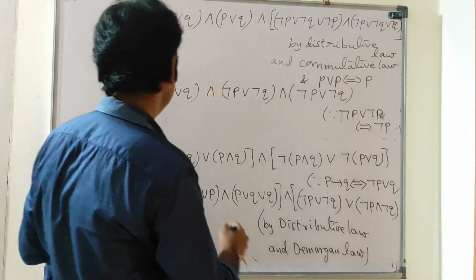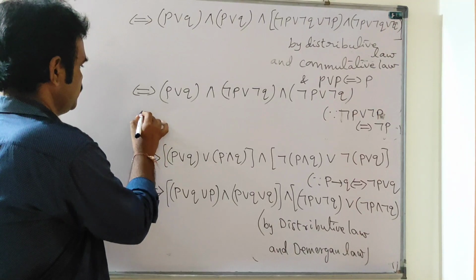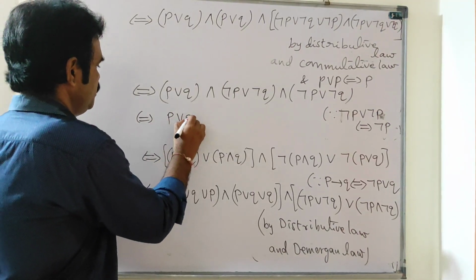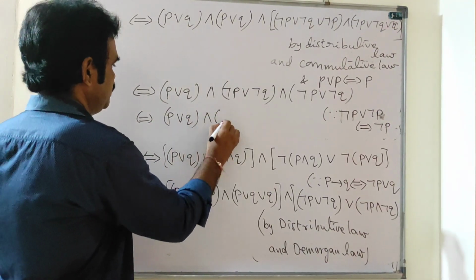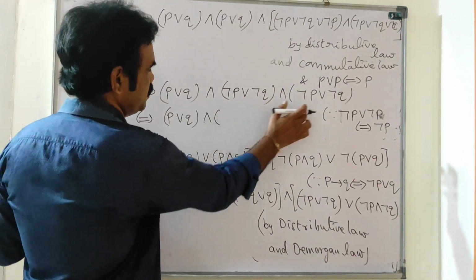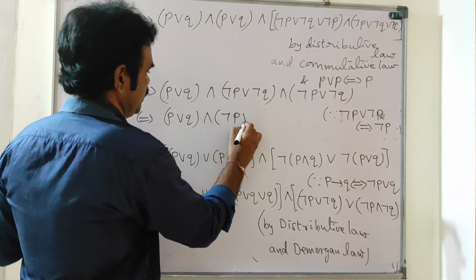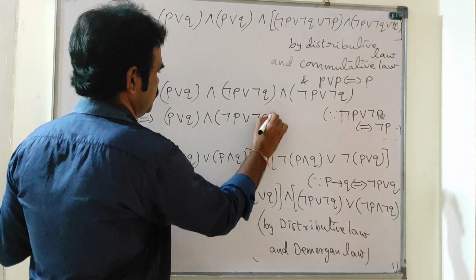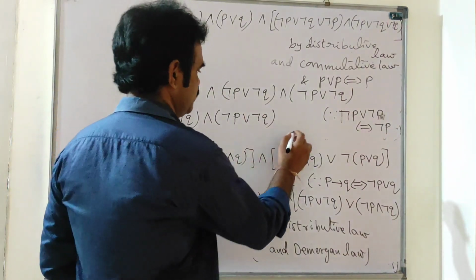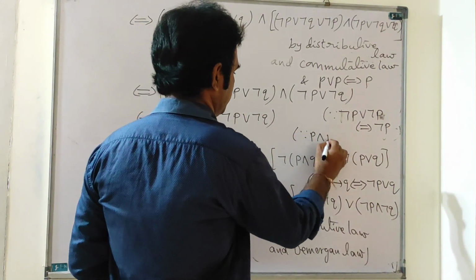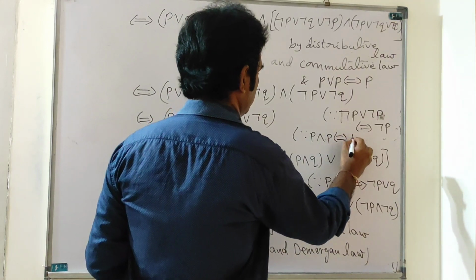Okay, now you can write this as P or Q and negation P or negation Q, since P and P is equivalent to P.